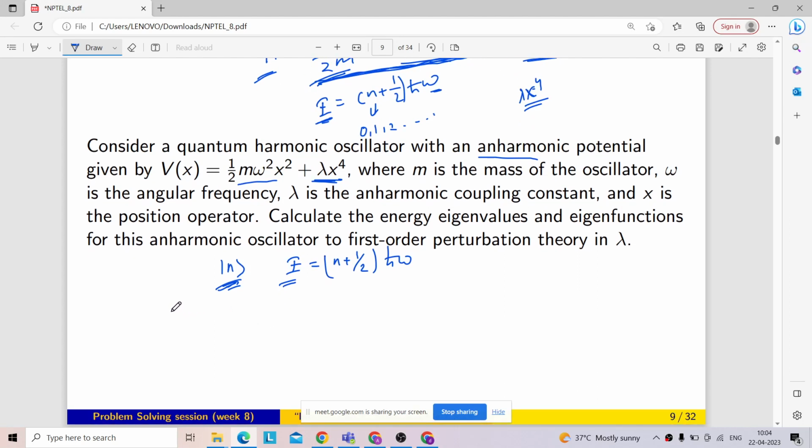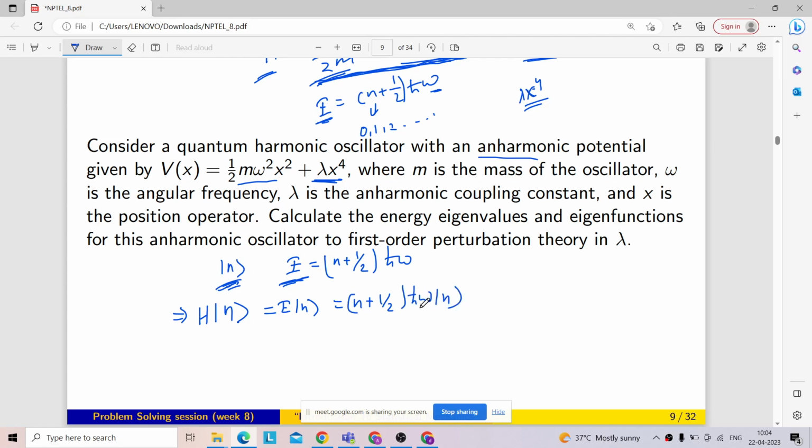So for the anharmonic case, what will happen? When the Hamiltonian operates on this state |n>, it spits out E_n, or (n plus half) h cross omega.